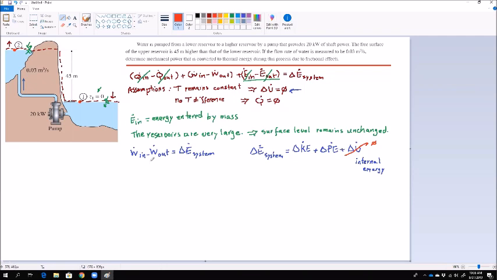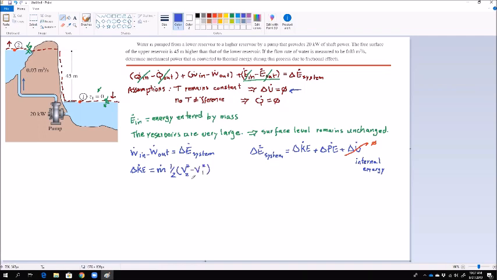Let's talk about change in kinetic energy. The dot sign, of course, is to show that it's rate form. It is joules per second or watts or kilowatts. This, by definition, is mass flow rate m dot times 1/2 of V2 squared minus V1 squared, V at inlet and V final.